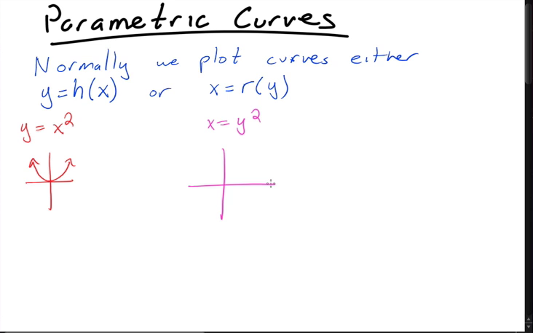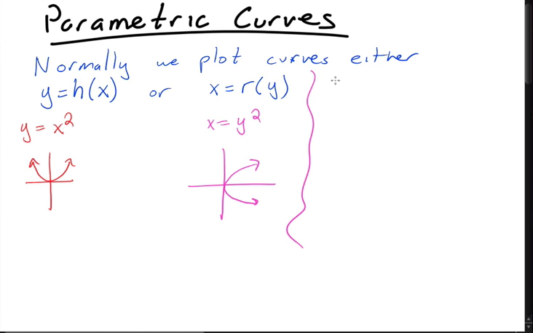A parabola sideways, facing to the right. But there are a lot of curves that we can't actually graph this way. Can you guys think of one? The simplest example? Yeah, a circle, right? The circle we can't write as a function because it's not a function.